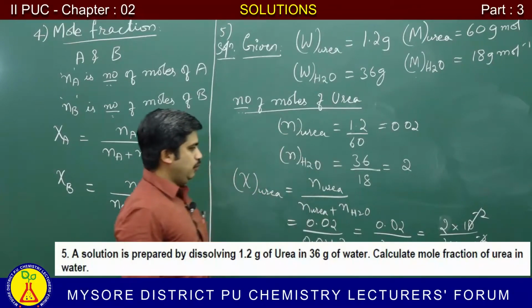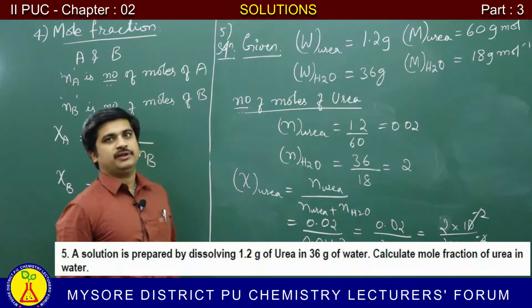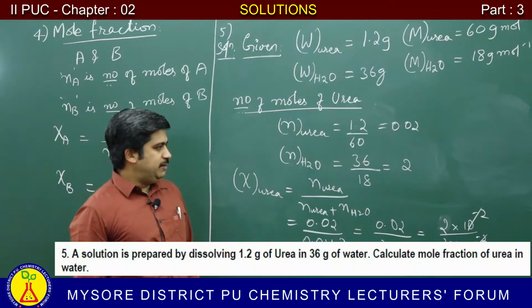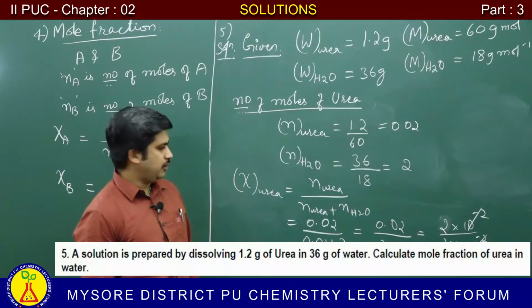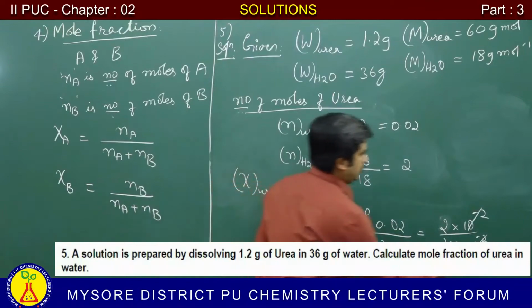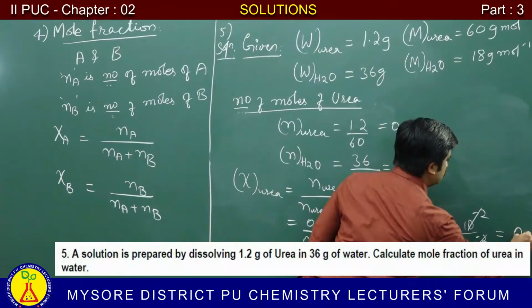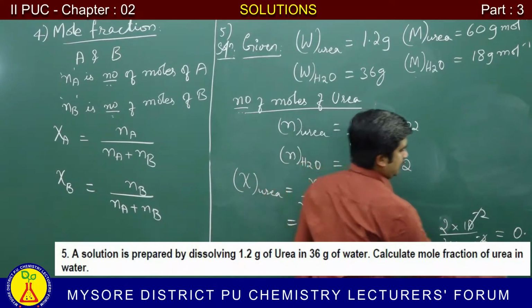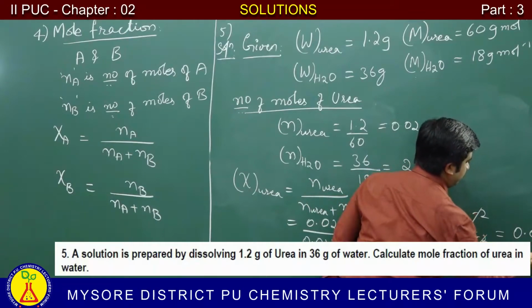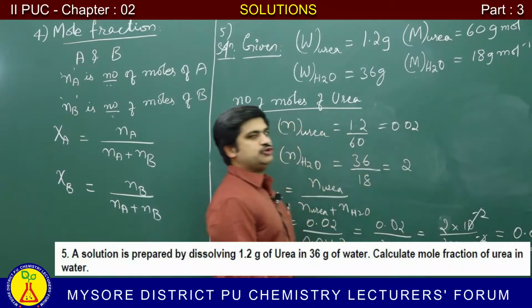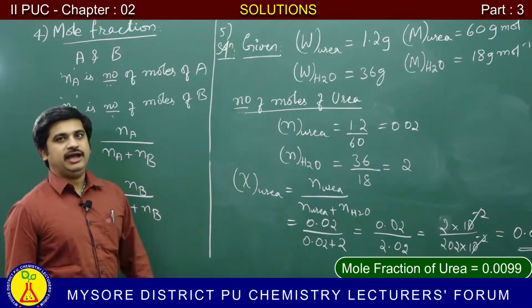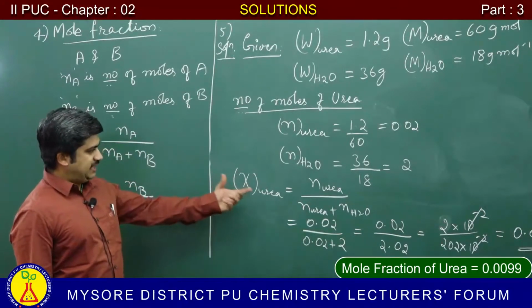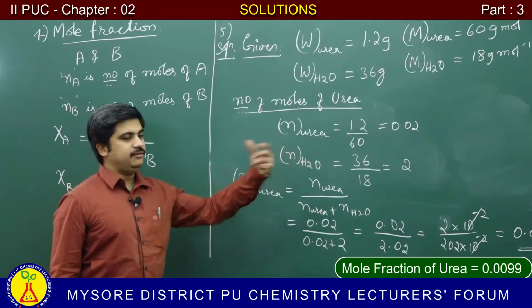So, this will be 1 by 101. That is slightly close to 1 by 100, or you get close to 0.009. So this is the mole fraction of urea, expressing the concentration of urea in mole fraction.